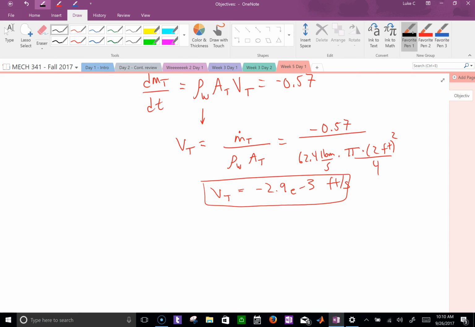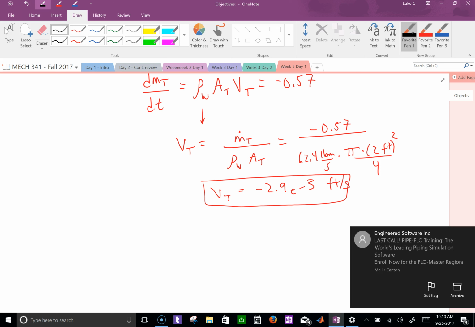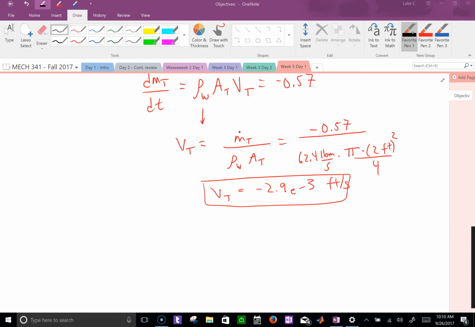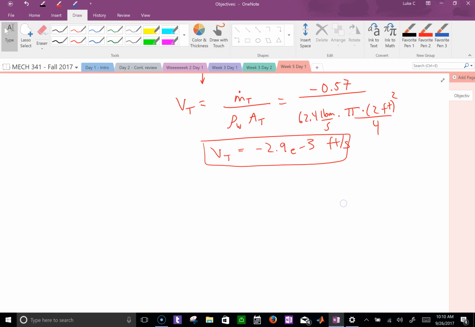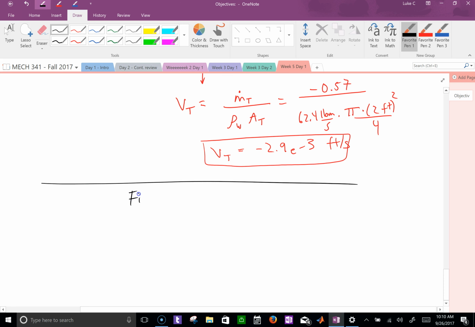We want to find the height as a function of time now. Okay, so let's find h as a function of t.